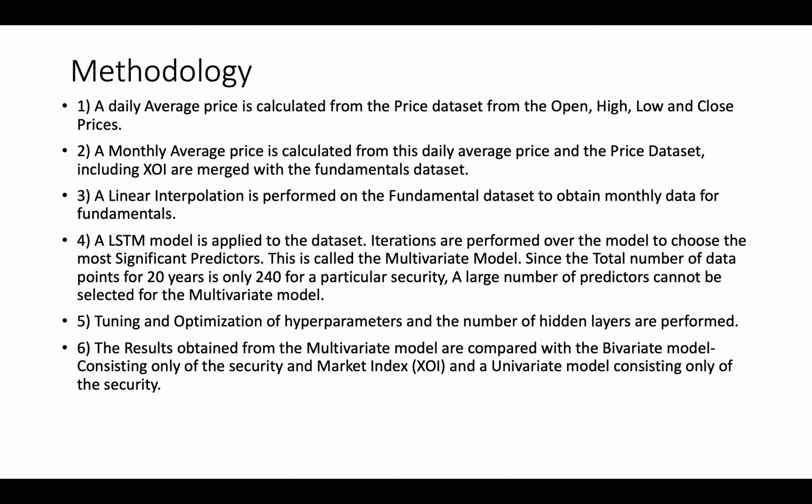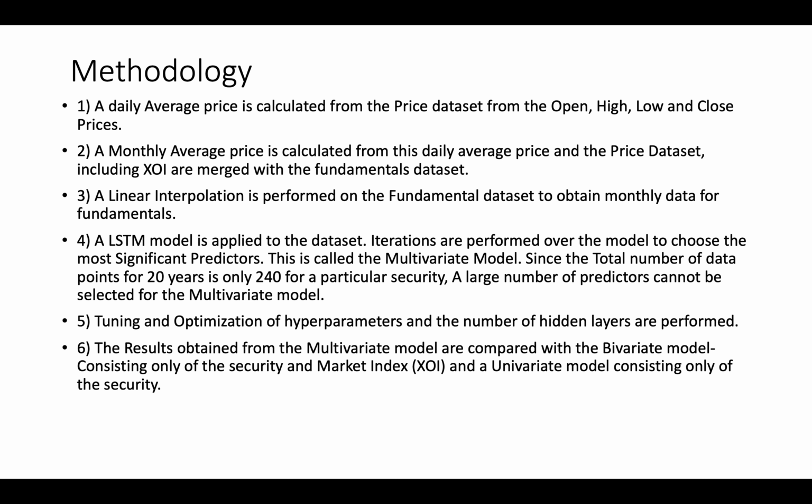For the methodology, the daily average price is calculated from the open, low, high, and close parameters from the Yahoo data, and then I took a monthly average from this daily average price and used it against the fundamental data set.